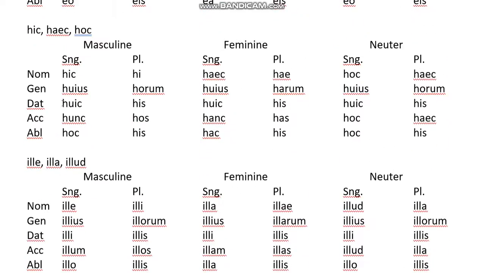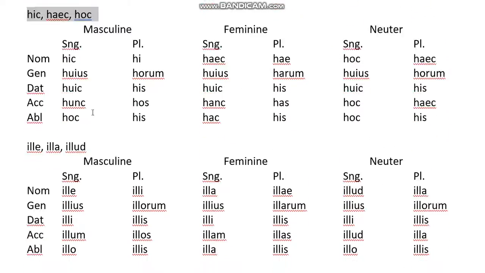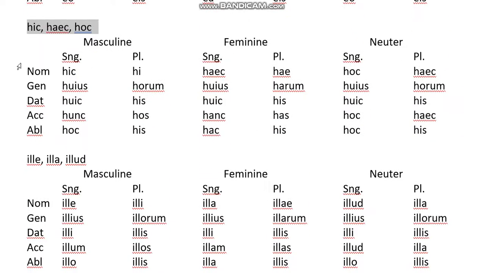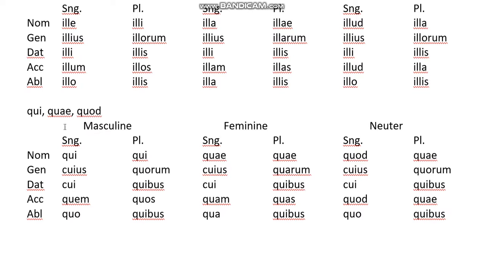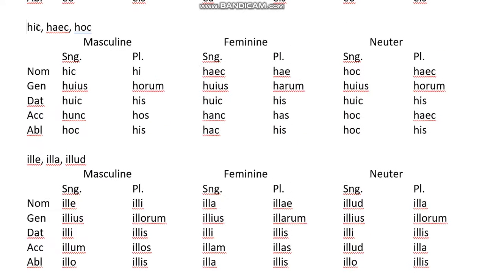So what's being introduced are a set of about 3 different words. So you have hic, haec, hoc, ille, illa, illud, and qui, quae, quod. Now, in case you're wondering why there are 3, just like with adjectives, pronouns can be either masculine, feminine, or neuter.